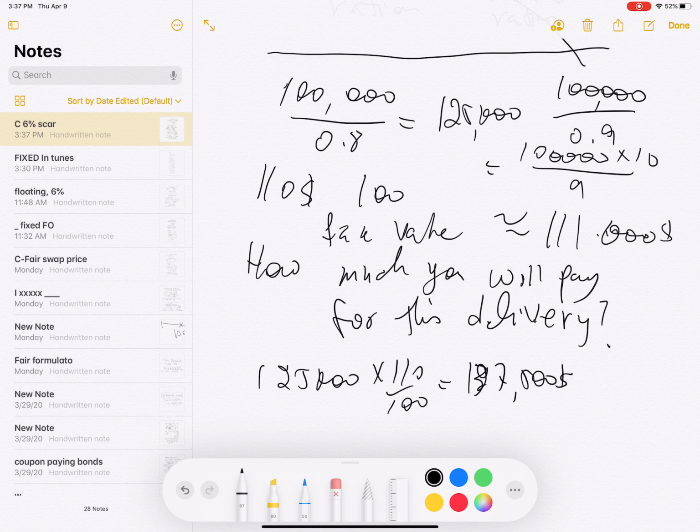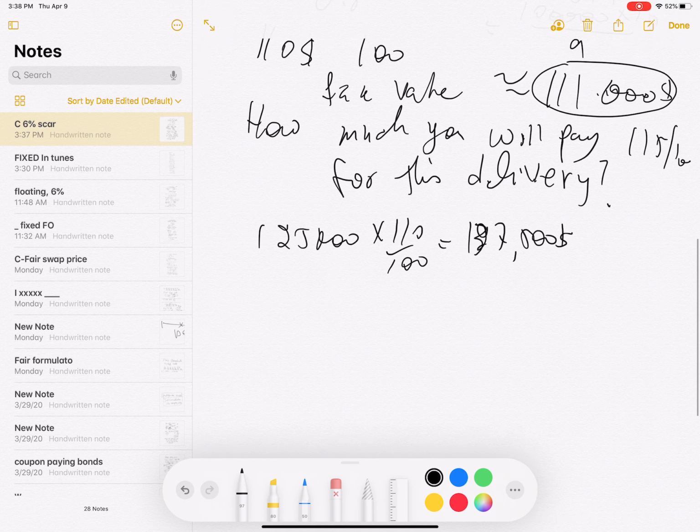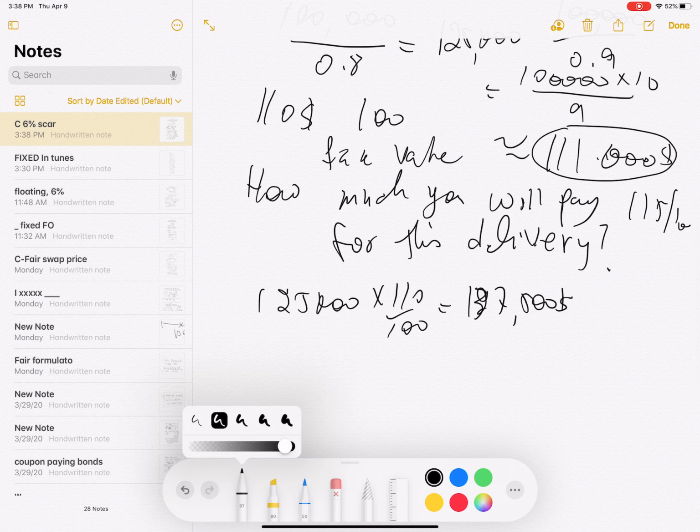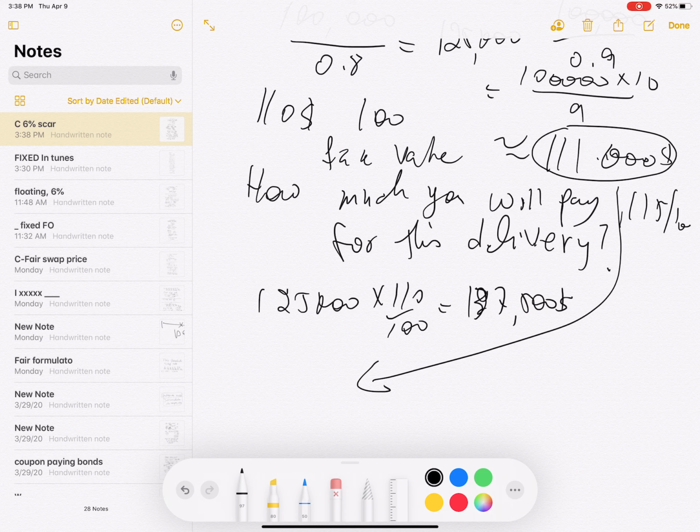Okay. What about this guy? So now let's invent a price for this one. Let's say that this one is 115 per 100. So for this one you're going to get 111,000 times 115 divided by 100.